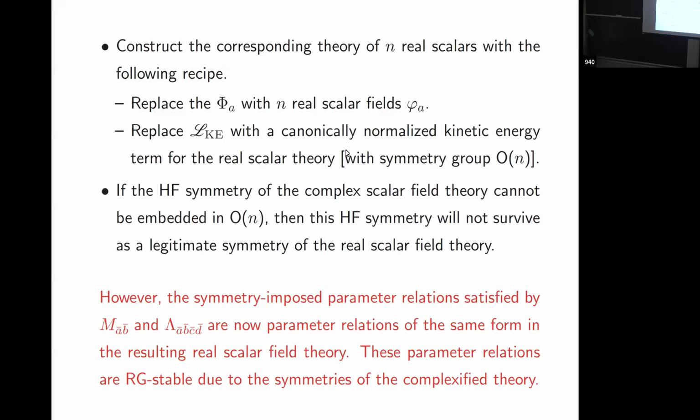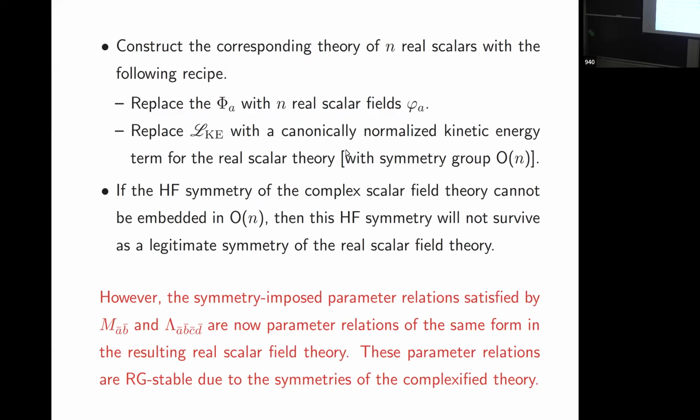And if the Higgs flavor symmetries of the complex scalar field cannot be embedded in O(N), then that Higgs flavor symmetry will not survive as a legitimate symmetry of the real scalar theory. And that's exactly, if you go backwards now, take the complexified model I had with that symmetry, phi1 goes to i phi2, phi2 goes to minus i phi1.